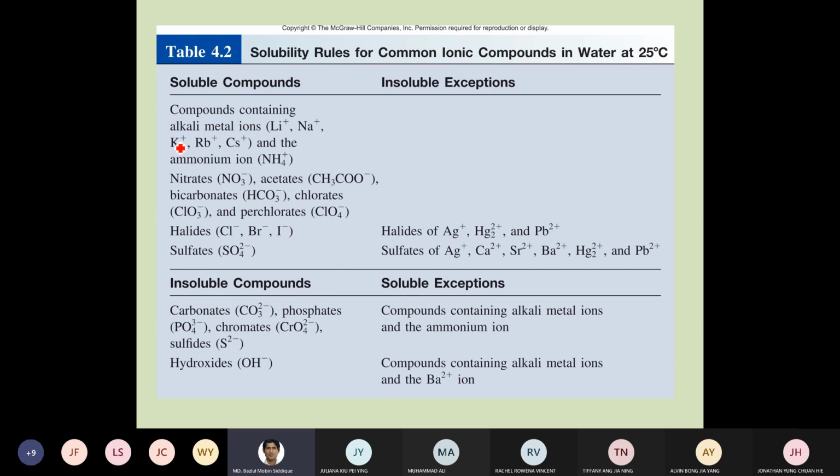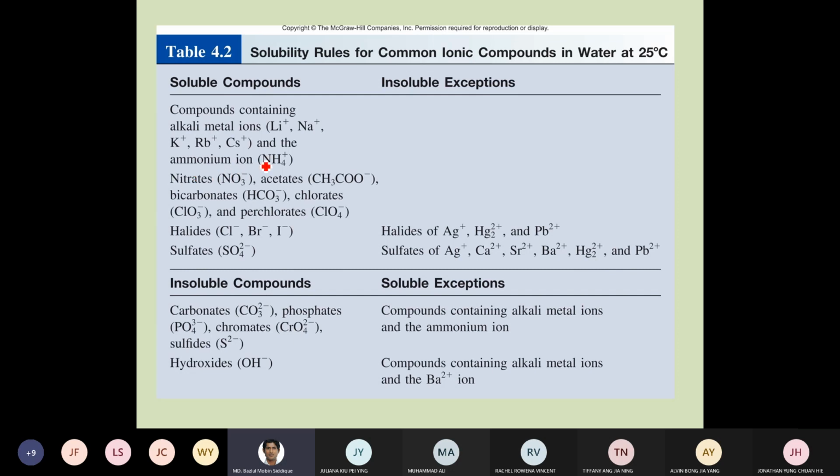So basically, all the alkali metals and mostly alkaline earth metals are soluble. Alkali metals means lithium, sodium, potassium, rubidium, cesium, francium. All the compounds containing these are soluble in water, whatever the salts of these alkali metals are.